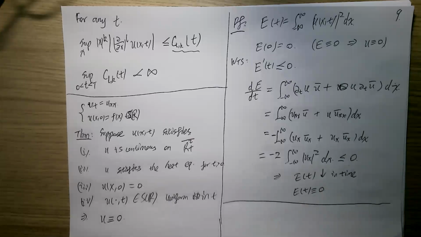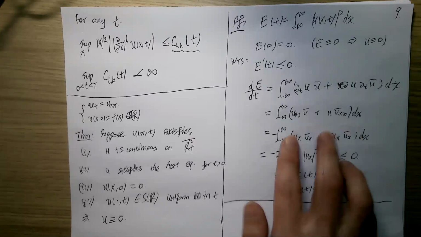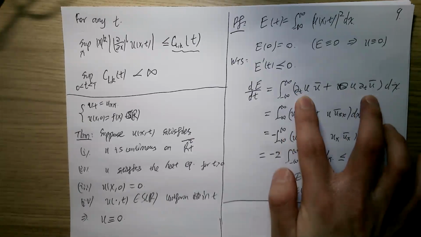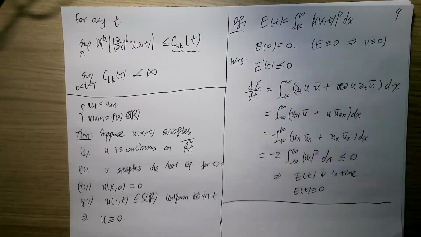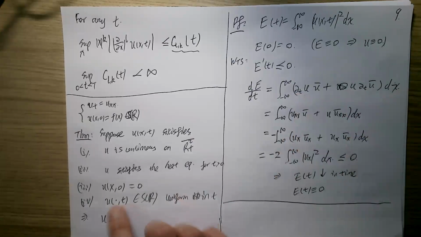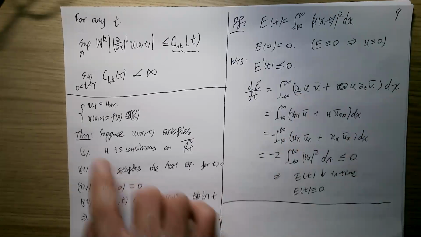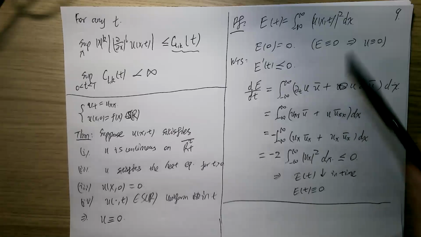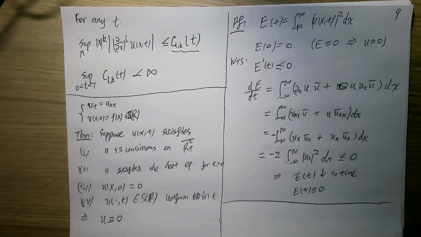I will not assign it as homework because it's kind of tedious, but you can check that in the integration by parts, or when you plug in u_t equals u_xx, in some steps you do need those Schwarz or continuity conditions. I will ask you to check it; I will not check it for you. So you can see that you can prove the uniqueness by checking this energy function of u.